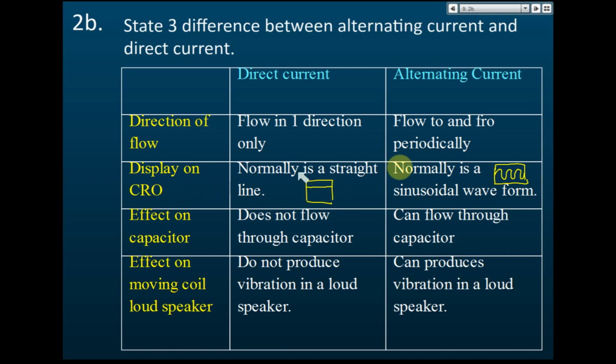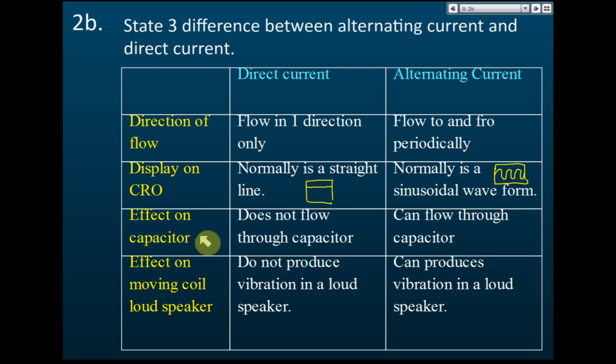But for alternating current, in a cathode ray oscilloscope, you will see a sinusoidal waveform. Okay, normally, but not absolutely. Normally, it's like that. We will discuss the displays of the cathode ray oscilloscope next week.